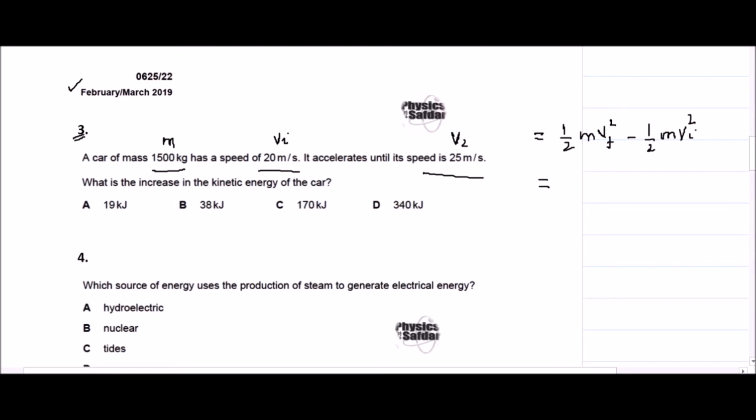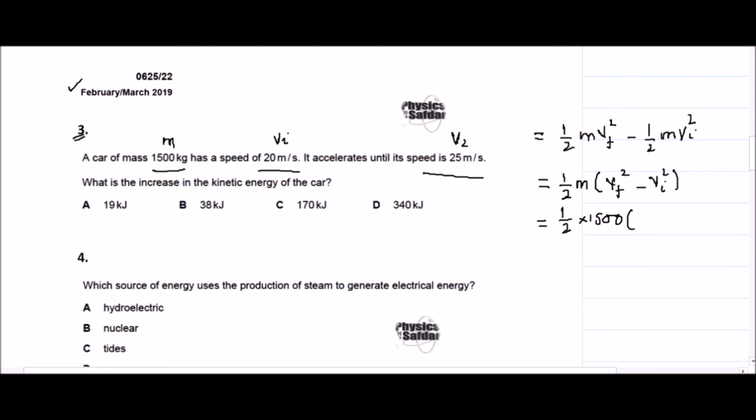By taking common half m from the right hand side, we get half times m in the bracket, with Vf squared and Vi squared left. Now you can substitute the numbers. Half, the mass of the car is 1500.